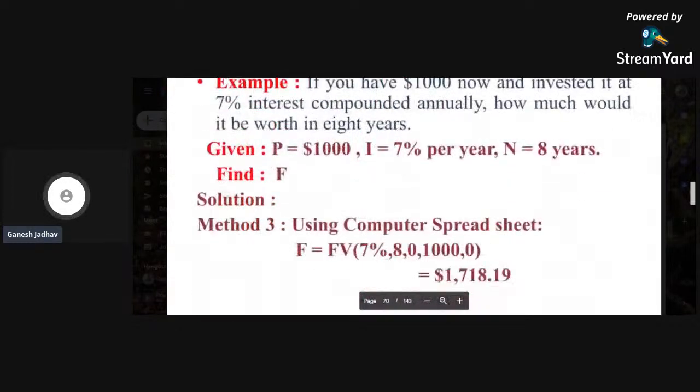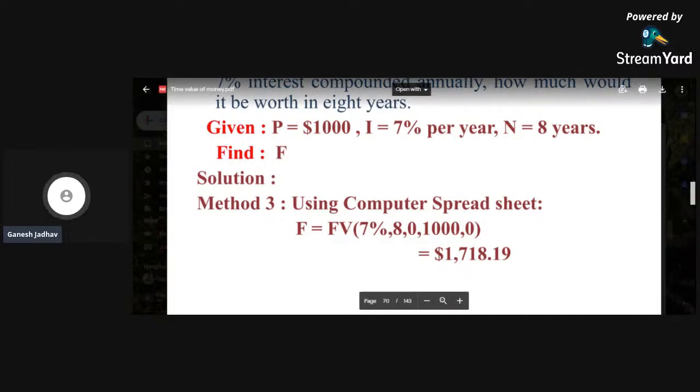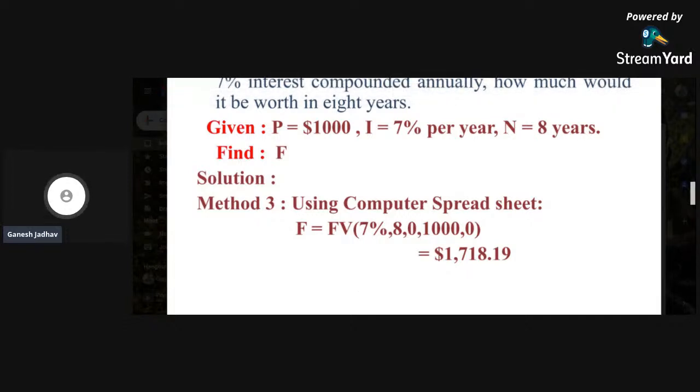Then another method, this is the third method. You can calculate the future value by using a computer spreadsheet. Here is the future value function, with the rate of 7% and the value of n equal to 8, and this is the primary, initial, beginning value.